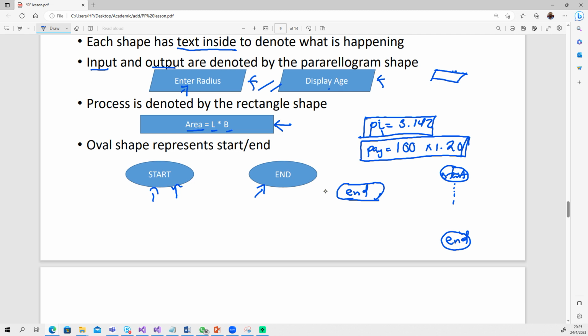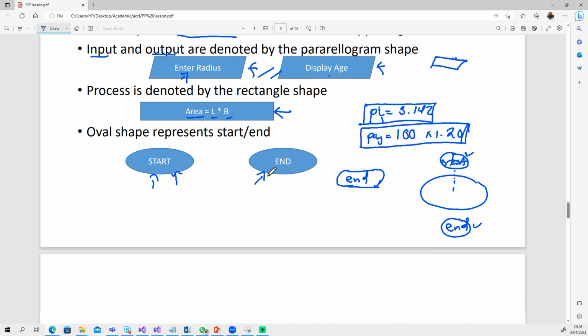There's always one start and one end, and of course a number of things happening in between, which could be anything to do with input, output, processing, and other things. So the shapes are straightforward. Input and output: parallelogram. Processing: rectangle. Start and end: oval shape. Okay, as simple as that.